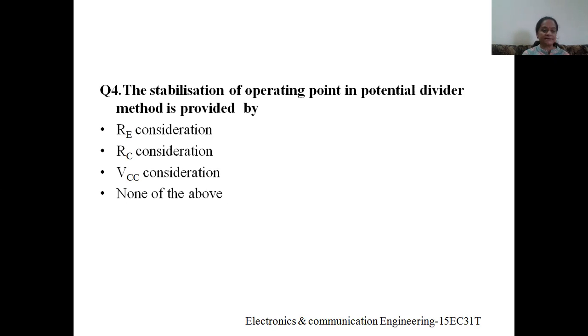R1, R2 makes the base emitter forward bias, whereas the voltage across RE gives the negative feedback and change in IC will be controlled. So that is nothing but change in IC versus change in reverse saturation current, which is a stabilization. So the stabilization of operating point in potential divider method is provided by RE consideration.